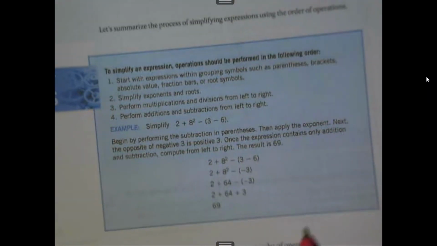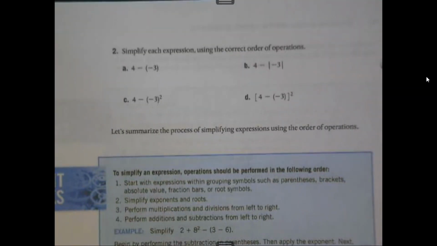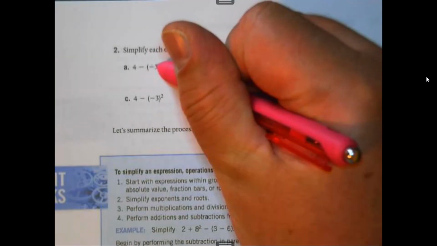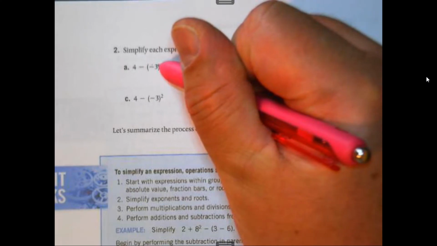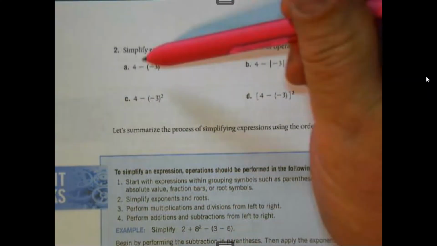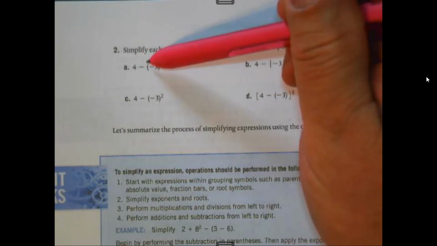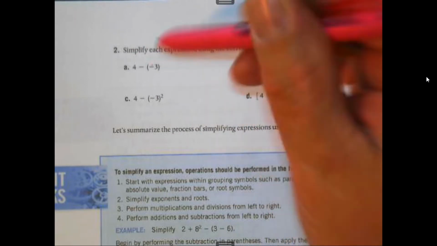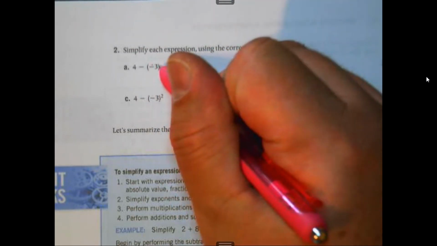Okay, some more examples. 2a. See, parentheses, I have negative 3, which is actually negative 1 times 3. Nothing to do there, it's already done. No exponents, multiplication, division, nope. Addition and subtraction. So I do have subtraction here.